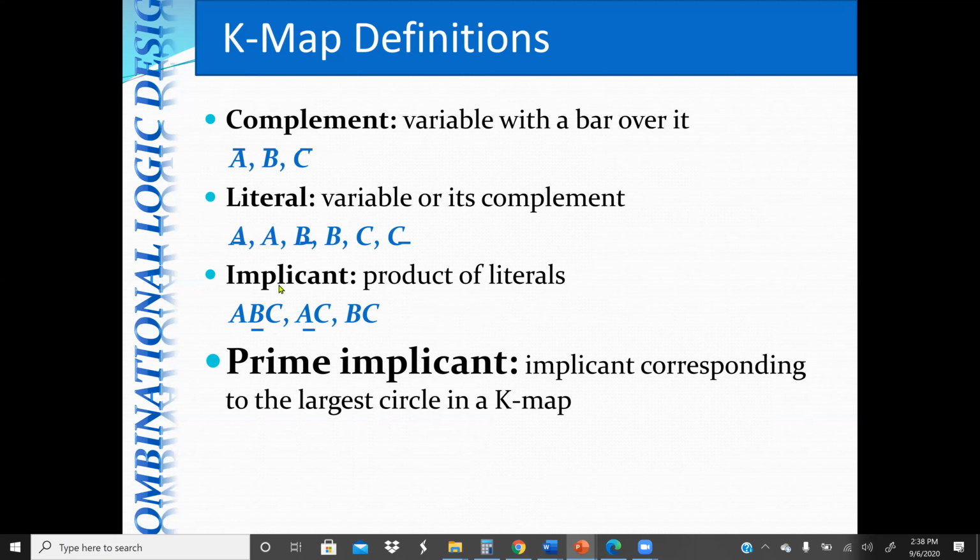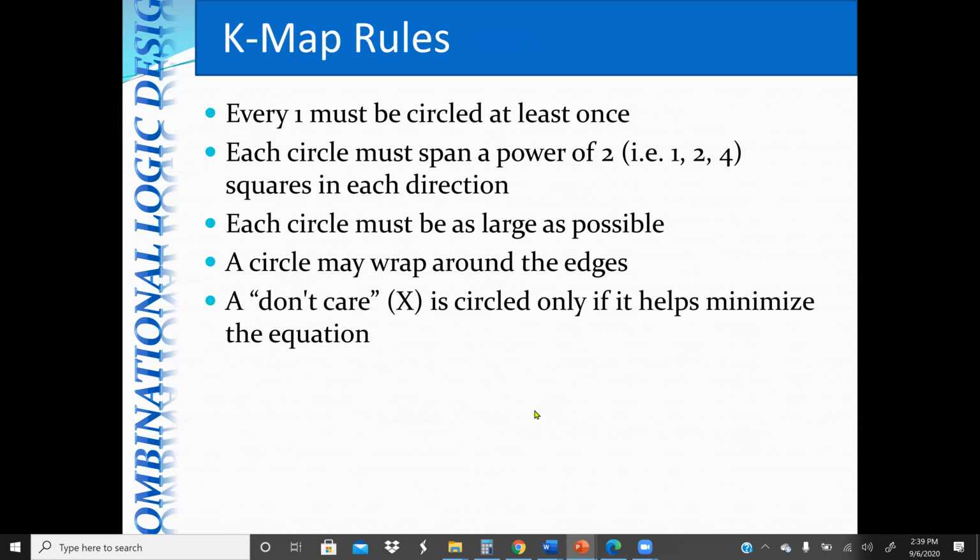Then we also have what we call the prime implicant. A prime implicant corresponds to the largest circle in a K-map. Now, the K-map rule says every one must be circled at least once.